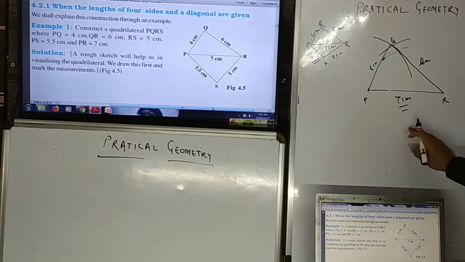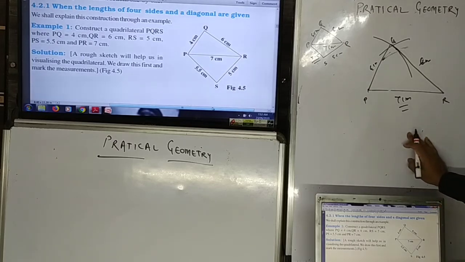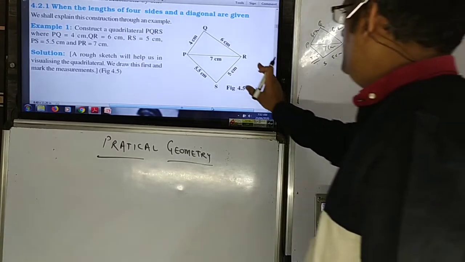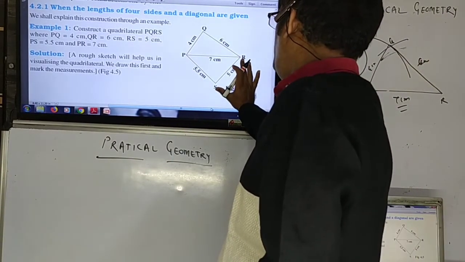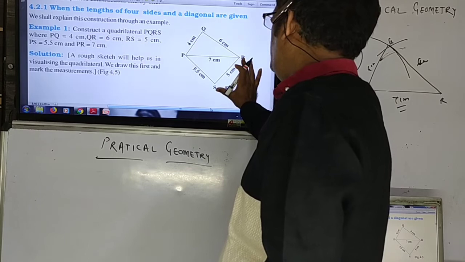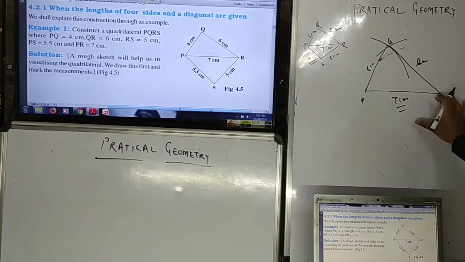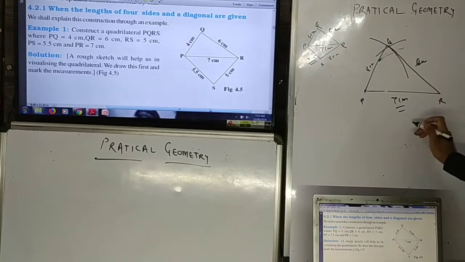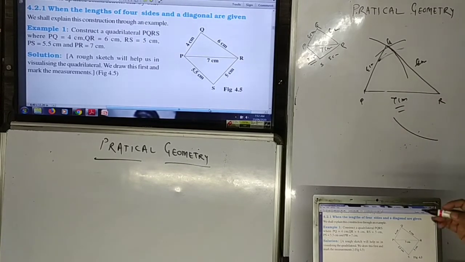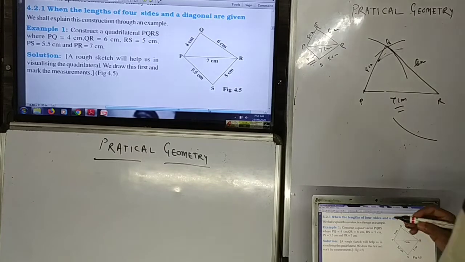Now S point is on the other side of this PR. This S is 5 centimeter from R. So take 5 centimeter in the rounder, put metallic end at R and draw one arc of radius 5 centimeter.